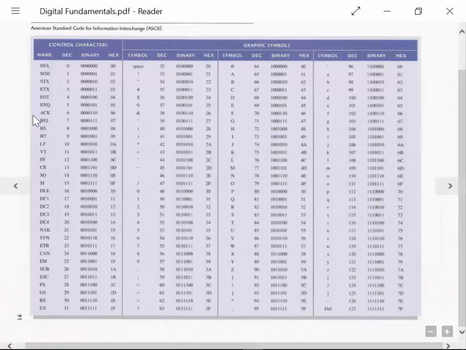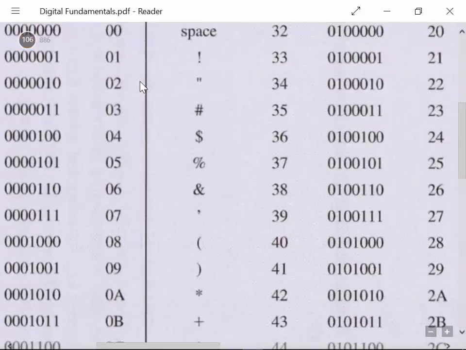The most common of those might be line feed, vertical tab, form feed, or carriage return. Null simply means there's no character, and it is used to represent the end of a string. You see all these various control characters, like end of transmission. So we start out with the space, then we get some punctuation and numbers.